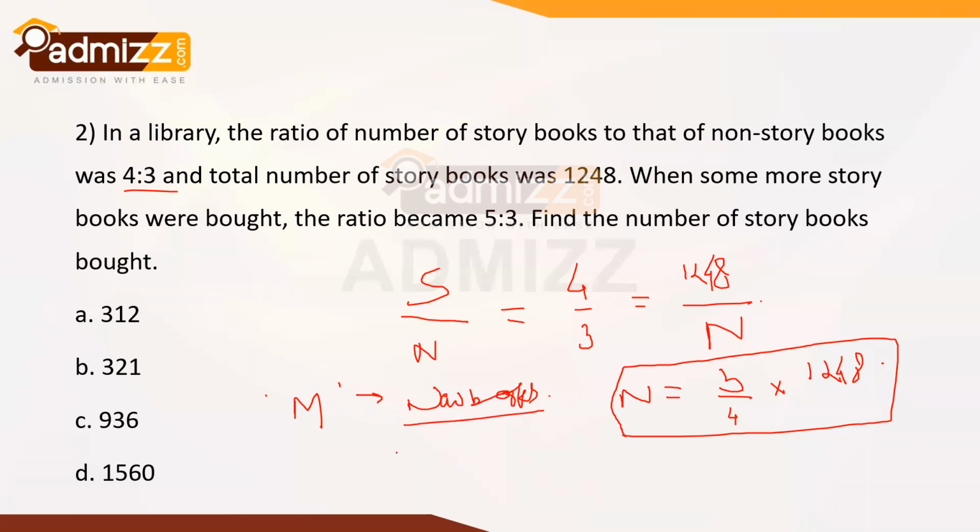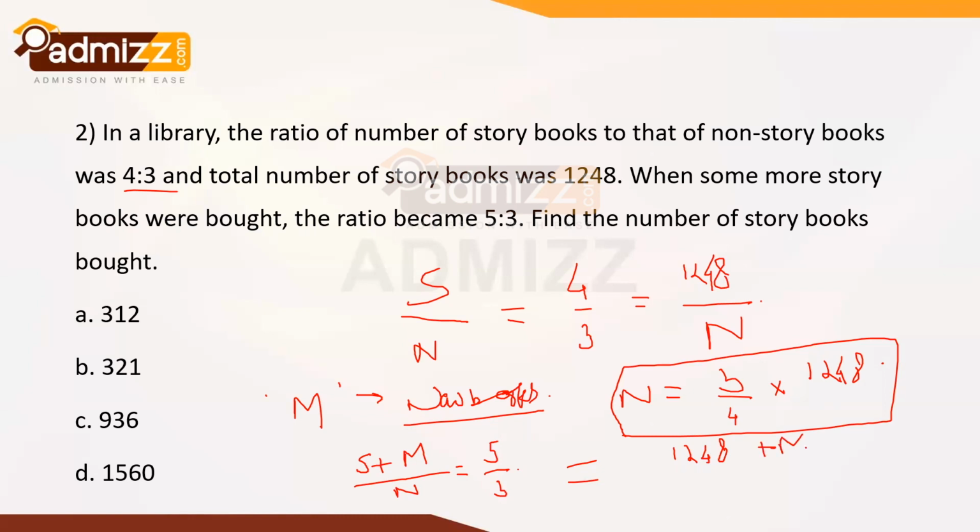Then what we can say is S plus M, because storybooks were bought, over N is equal to 5/3, right? And we know the value of S and N in this case, which is the value of S is 1248, right?